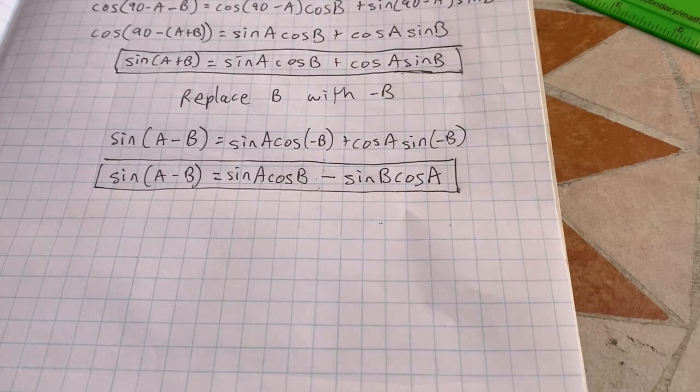It's now time to prove the tan formula. And for that, we're going to use the fact that tan is equal to sine over cos. So let's have a go at that.